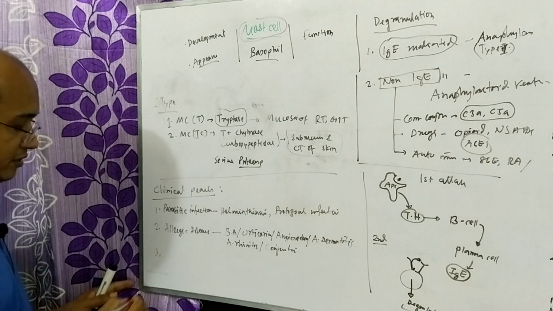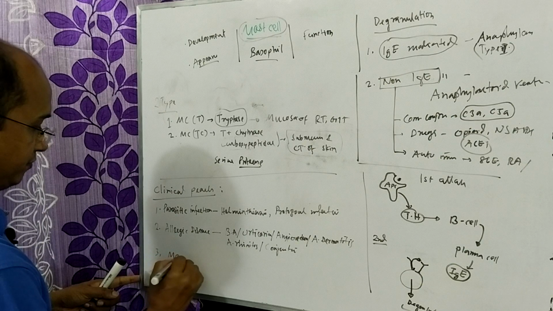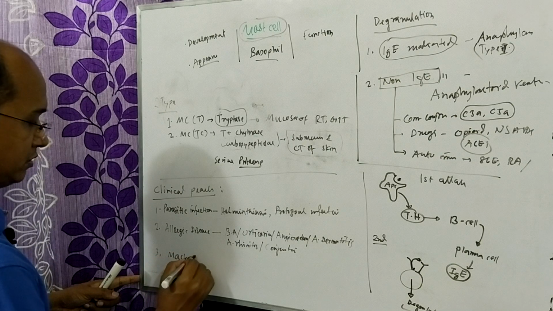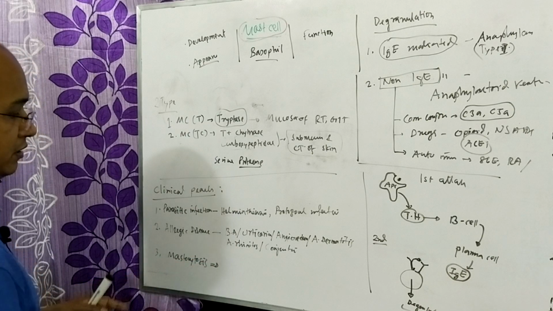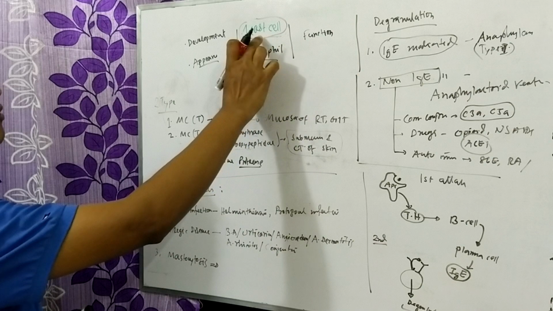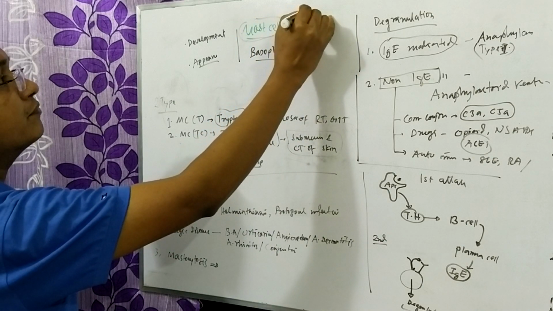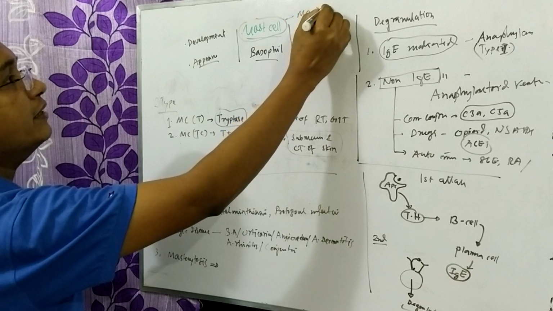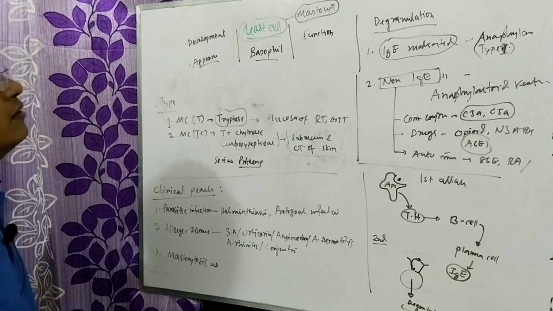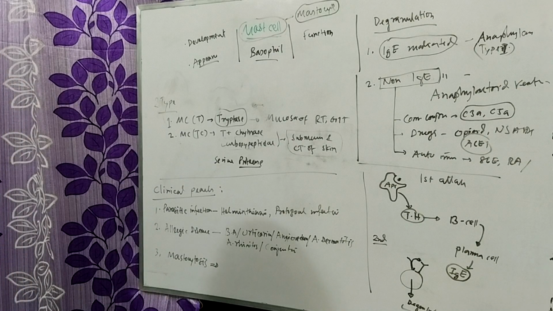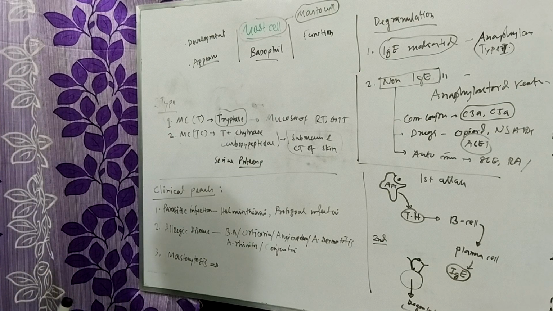Then another important disease, mastocytosis. Mast cell is also called mastocyte. Mind it, mast cell is also known as mastocyte. So mastocytosis means, as the name suggests, cytosis of mast cells.